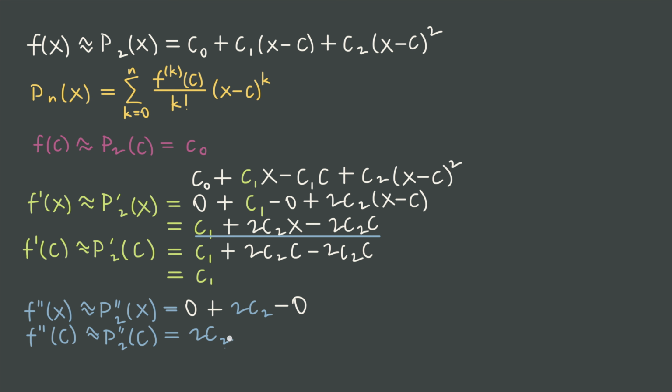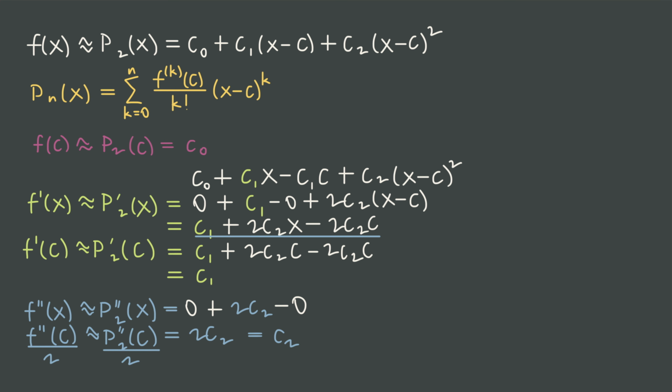If, however, we want to solve for the constant c2, we would divide through this whole thing by 2. And what we'd end up with is the second derivative at c divided by 2 is the value of the coefficient c2. And we won't continue to go through all the steps in detail.